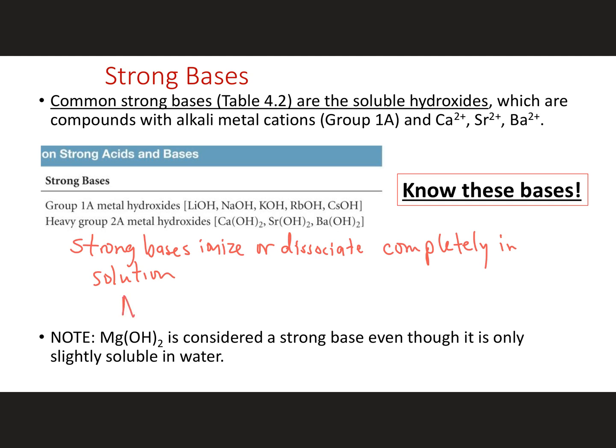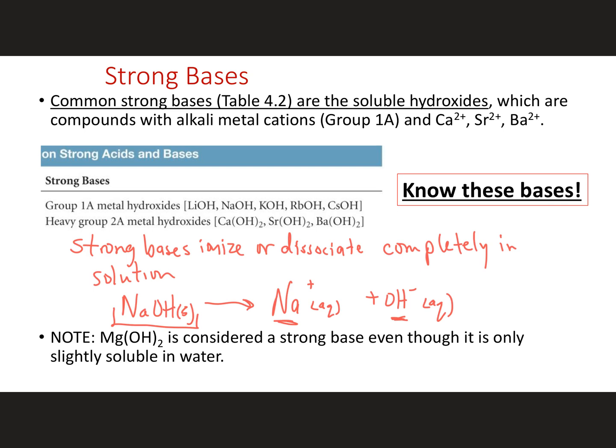Right, we could look at sodium hydroxide, a common strong base. It's a solid, we put that into solution, we add water, and I'm going to get sodium aqueous and hydroxide aqueous. So just like the strong acids, strong bases ionize completely. 100% of what I put in is going to go to form sodium cations and hydroxide anions.